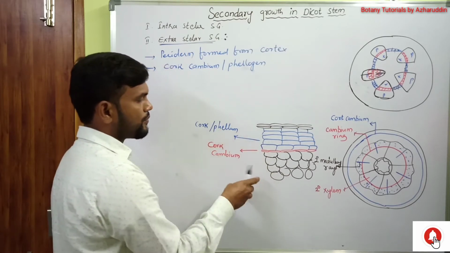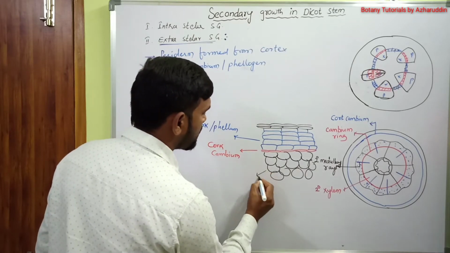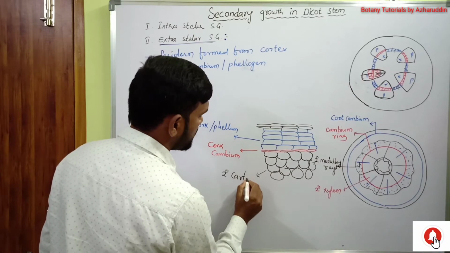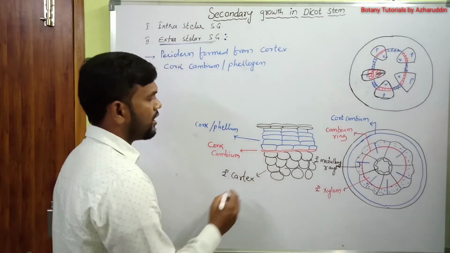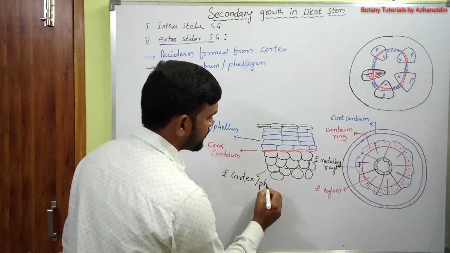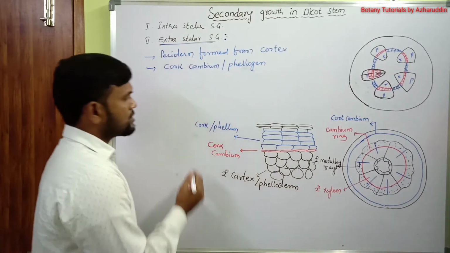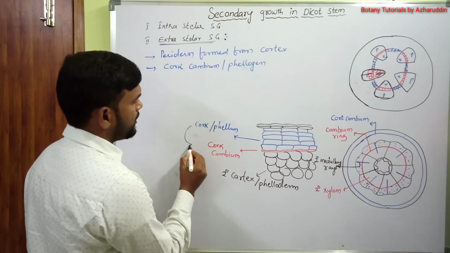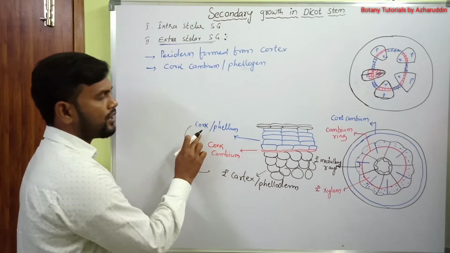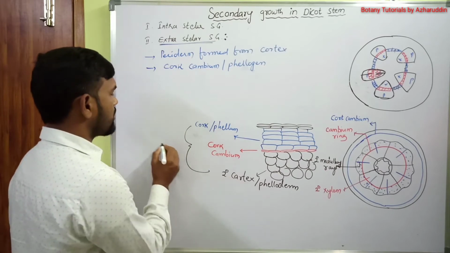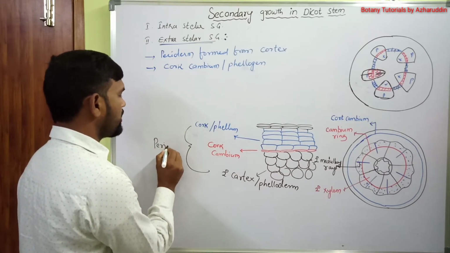The cells produced on the inner side are called secondary cortex or phelloderm. Cork, cork cambium and secondary cortex together are called periderm.